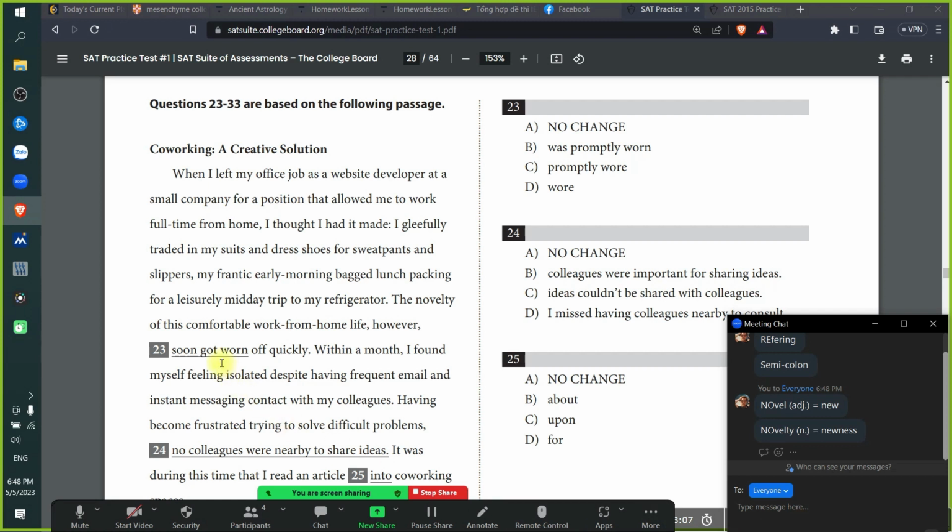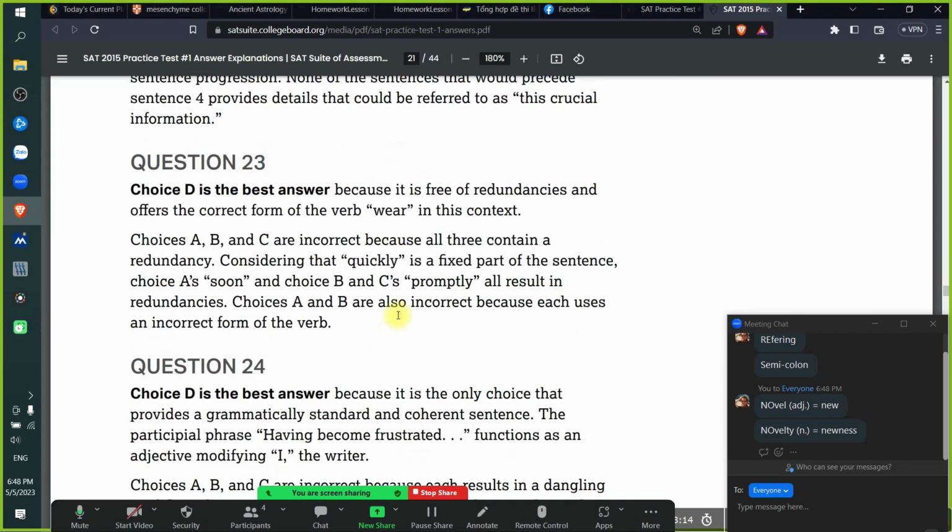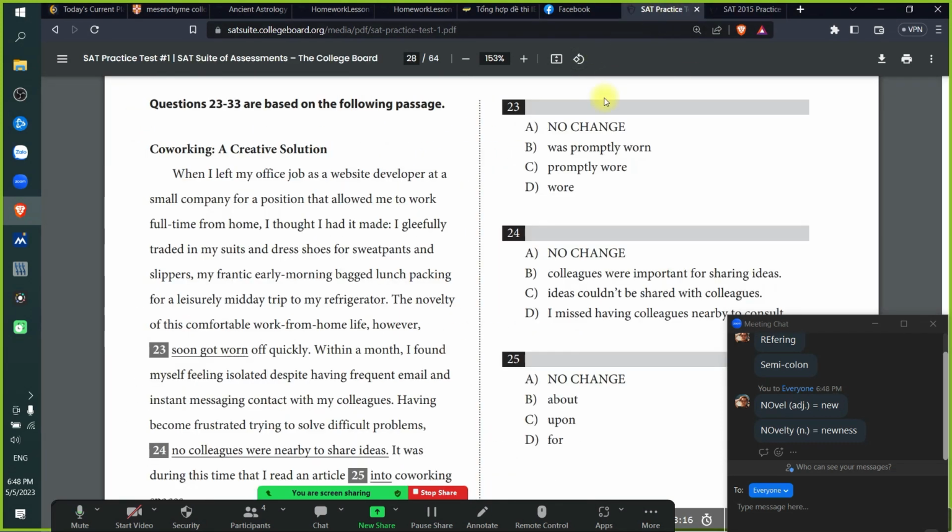However, soon, however, wore off quickly, isn't it? 23, it's D. Very good. Because there's no redundancy. And also, in written language, you do not use get, got a lot because this is very informal. Spoken language, you know. It's too redundant. And besides, in spoken language people use get, got a lot. In written language people avoid it.